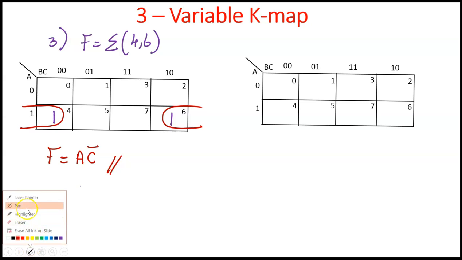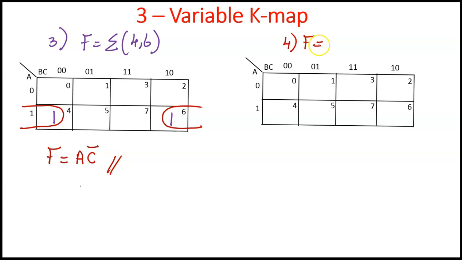Now another example we can see, that is f is equal to summation of 1, 3, 5, 7. That means in the min terms, mark 1 as a 1, 3 as a 1, 5 as a 1 and 7 as a 1. Now here it is called a quad group.